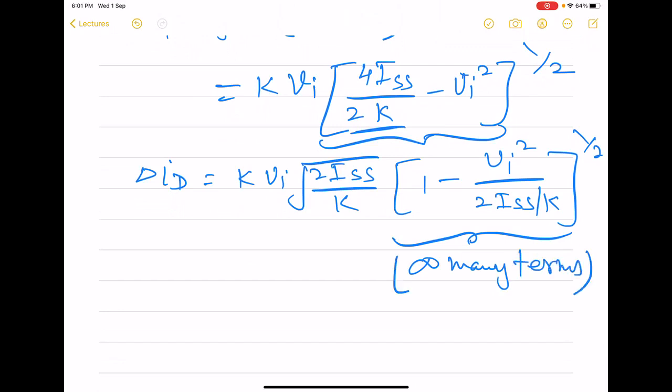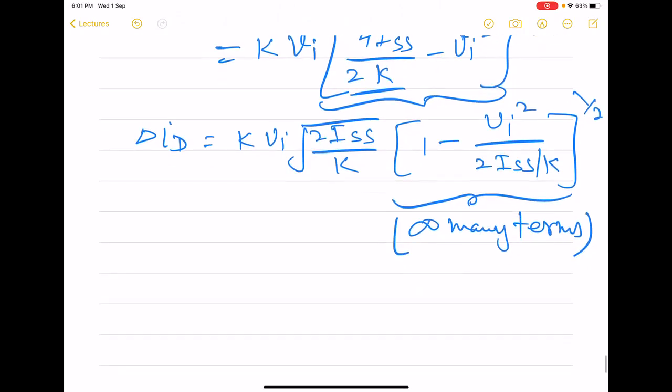This is going to be an infinite series, but we will terminate it to only the first order term.